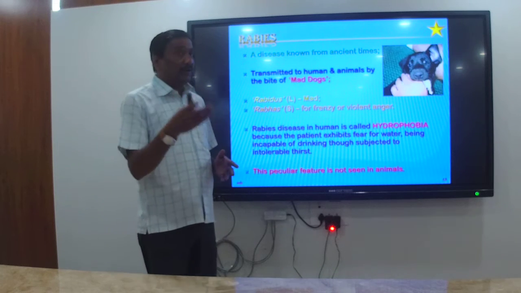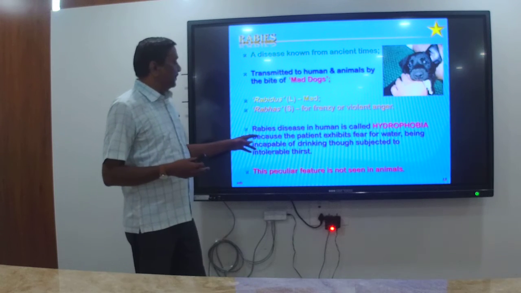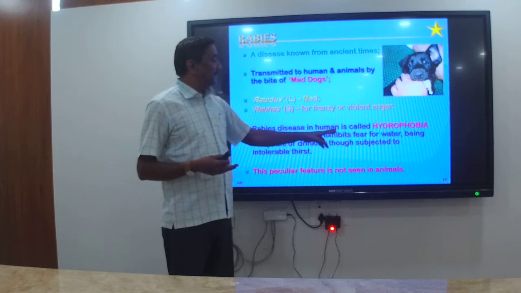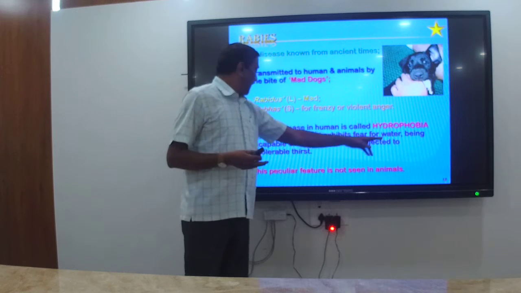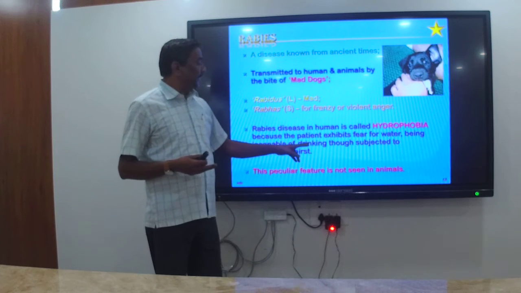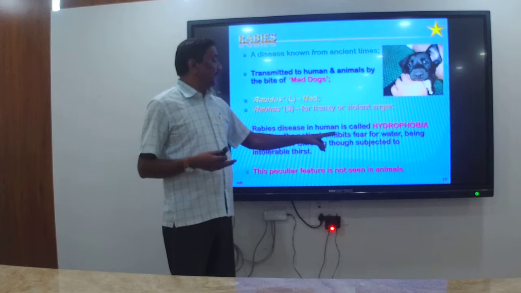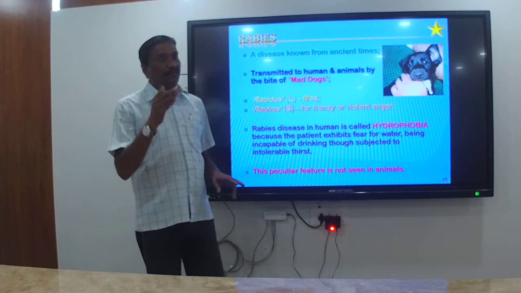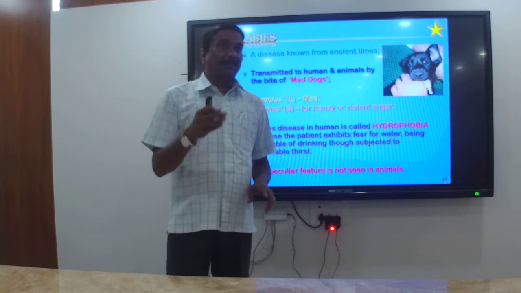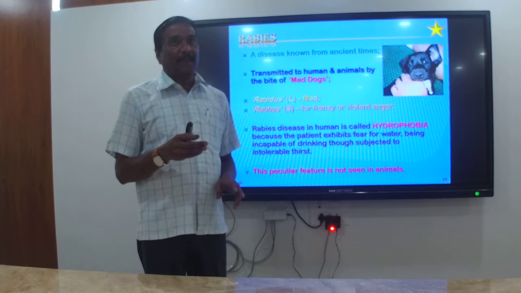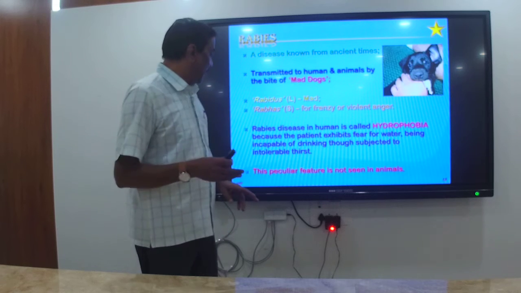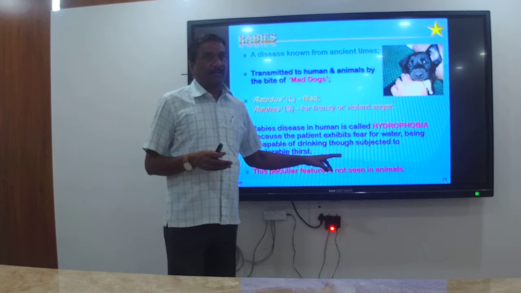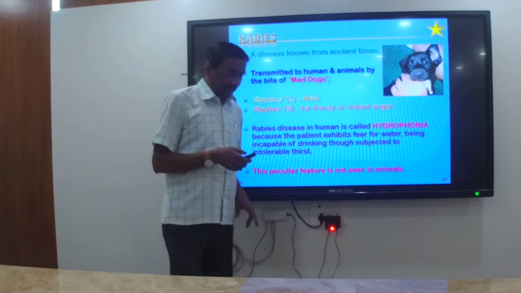Rabies disease in humans is called hydrophobia because the patient exhibits fear of water and is incapable of drinking, though subjected to intolerable thirst. The patient feels thirsty but is unable to drink liquid. That is the important feature of hydrophobia. Now, this peculiar feature is not seen in animals. It is seen only in human beings.